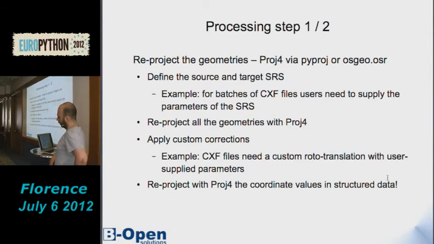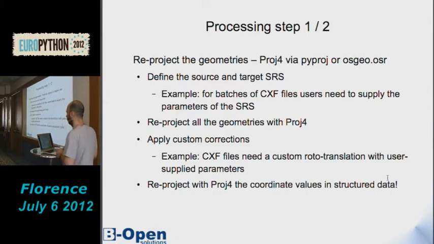Now, this is instead where it starts getting interesting. This is where you can use some Python tools, open source, that will help you achieve the result. The first point is that you need to define the source and target reference systems.